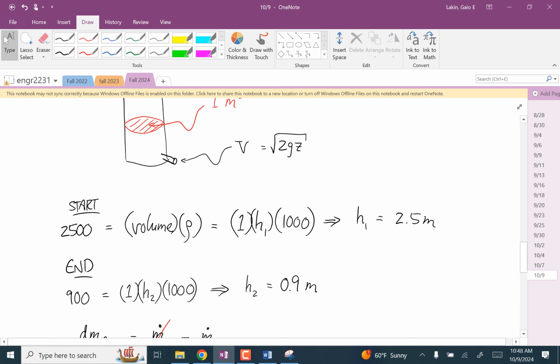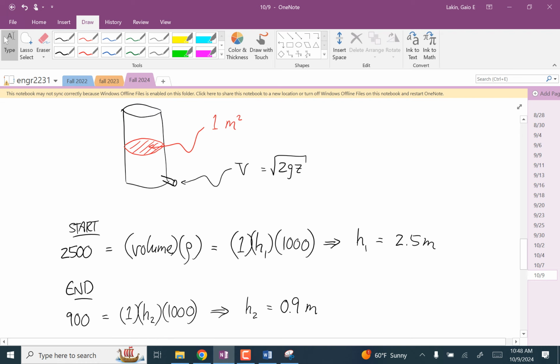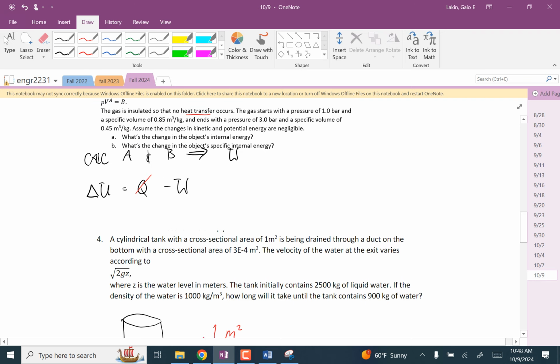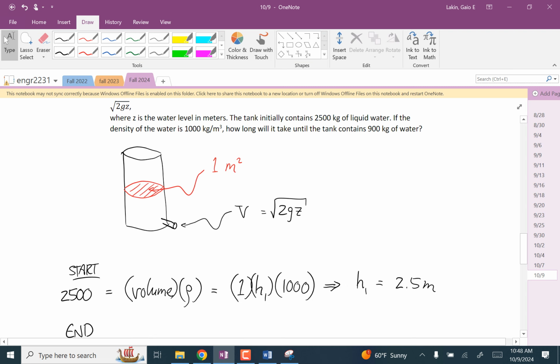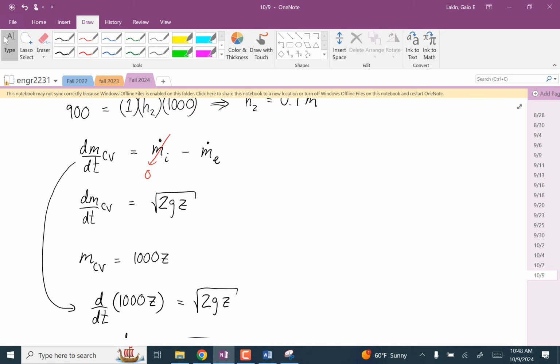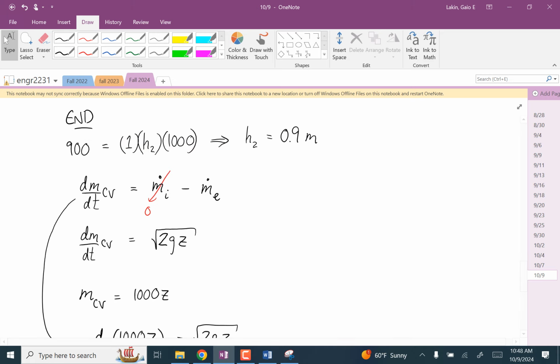I got close, but I got 0.3 square root 2gz, because I think I did m dot is equal to the area times the velocity over the specific volume. That's the velocity of the water. You are right. This is the velocity of the water. I did area times velocity over specific volume, and then I got 0.3 square root 2g.